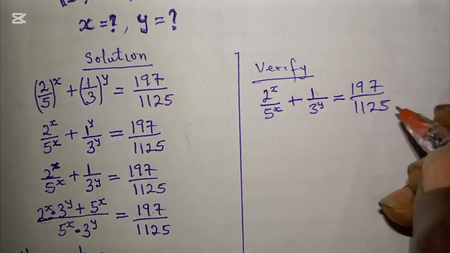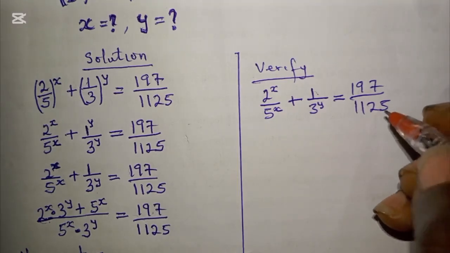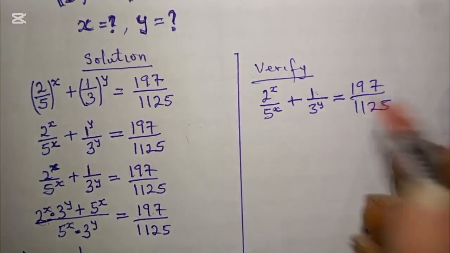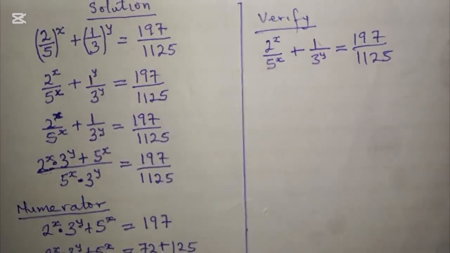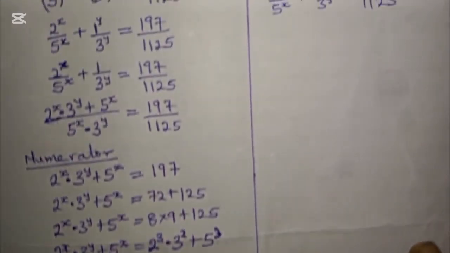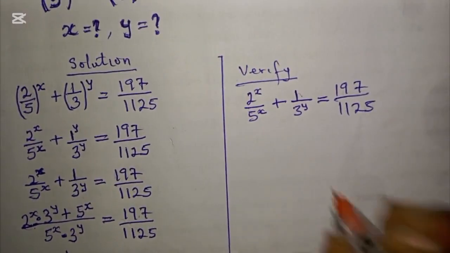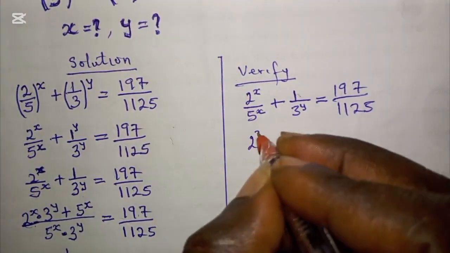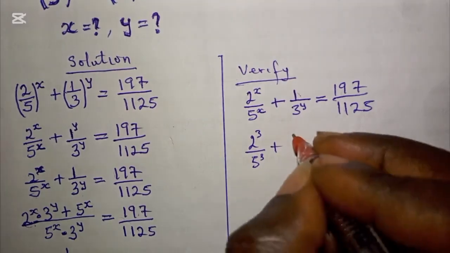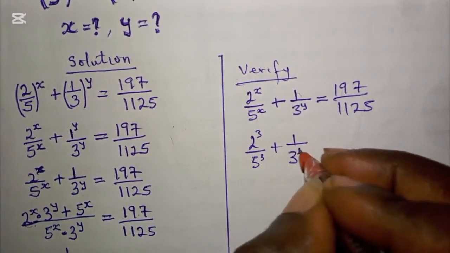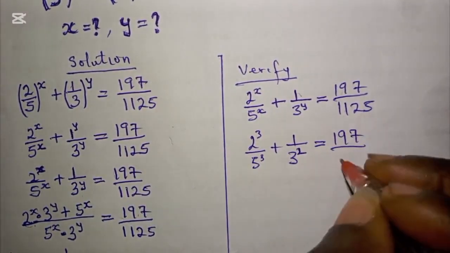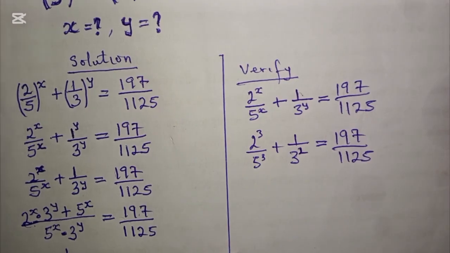So let's input the values of x and y. The value of x is 3 while y is 2. So we have 2 raised to the power of 3 divided by 5 raised to the power of 3 plus 1 over 3 raised to the power of 2, which is equal to 197 by 1125.